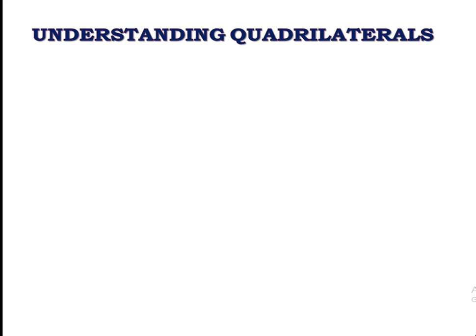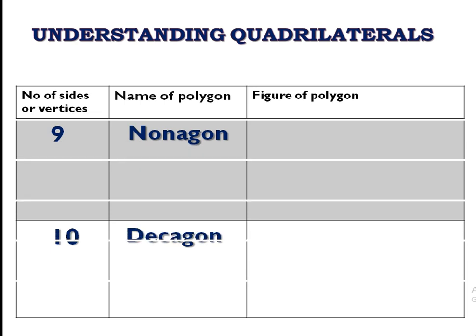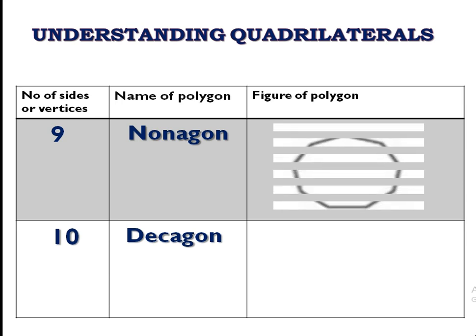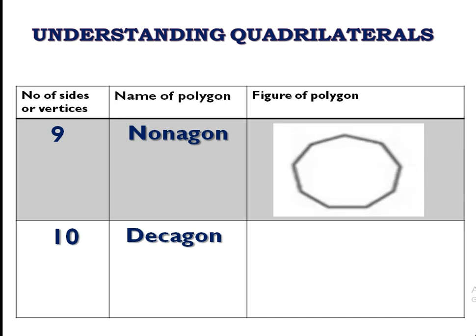Okay. Now, if the number is 9, then the name of the polygon is nonagon. Here see the figure of the nonagon. Now, if the number of sides or vertices of a polygon is 10, then the name of the polygon is decagon. Here it is, see the figure of the decagon. Okay students, right?